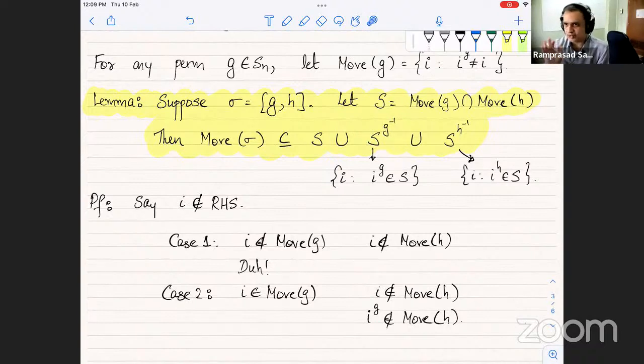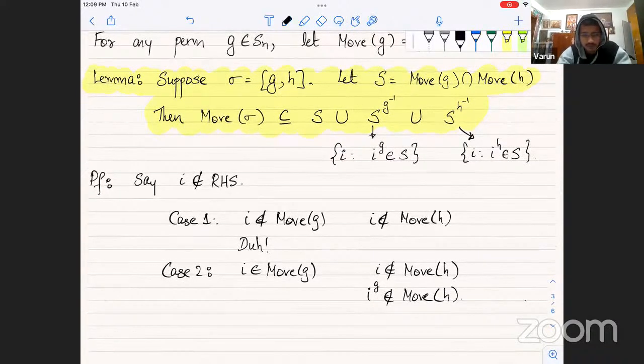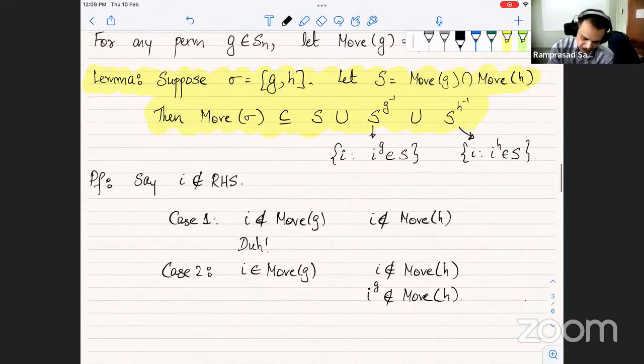So this is what we know from the fact that i is not in the RHS: if i is moved by G, then i is not moved by H, and the image of i is also not moved by H. Those are two facts that I know. There's one extra step here: i not being in the RHS tells us that i to the power G is not in move G intersection move H. So let's just say this i power G is equal to j.